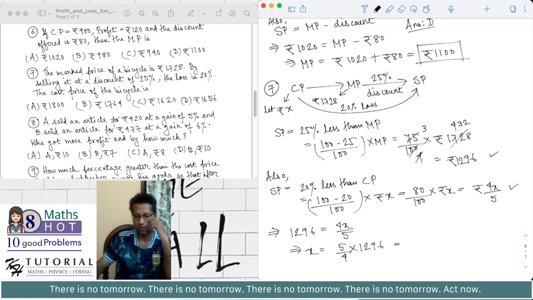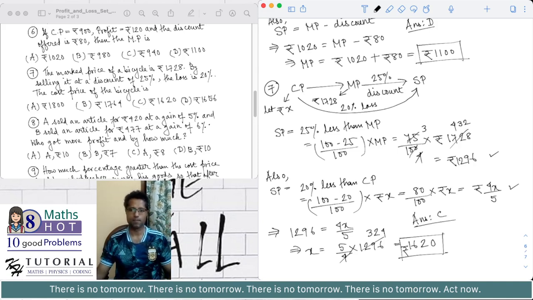This is equal to 4 divides 1296 by 324, so 5 times 324 is 1620. 1620 is the cost price of the bicycle, and hence the correct choice is C. C is the correct choice.